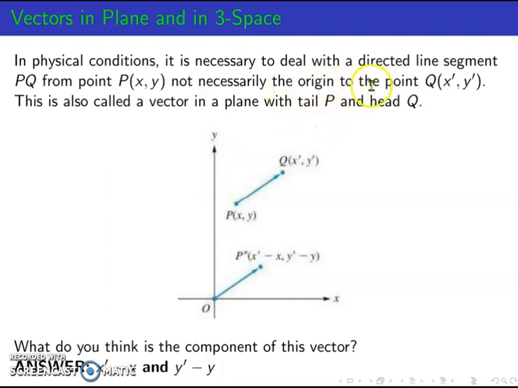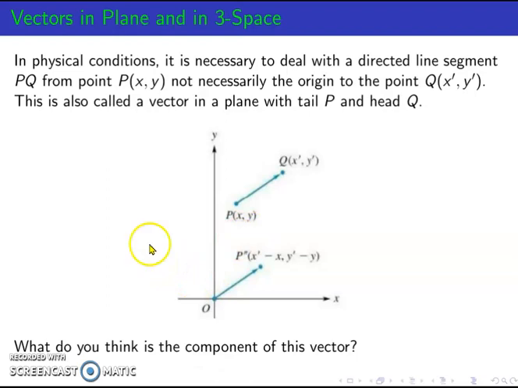It goes to the point Q with coordinates x prime, y prime. This is also called a vector in a plane with tail P and head Q. This is its tail, and this is its head.